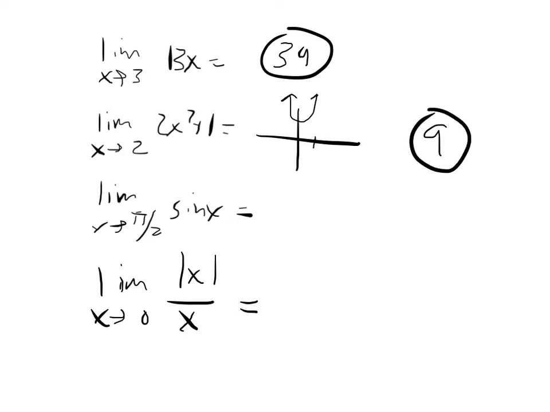How about, again graphically, as x approaches pi over 2 for sine x? Well, I know what the sine graph looks like. It starts at 0, it goes up to pi over 2, gets up to 1, so I'm looking here at a value of 1. I can get closer and closer to pi over 2 on either side, and I'll expect to get an output of 1. How about the function, the absolute value of x over x?